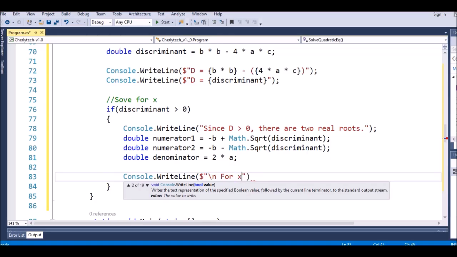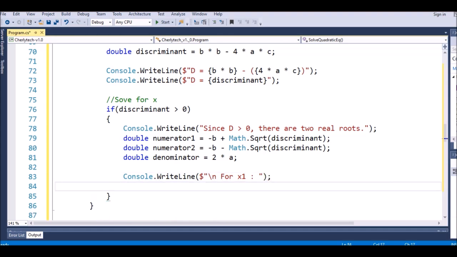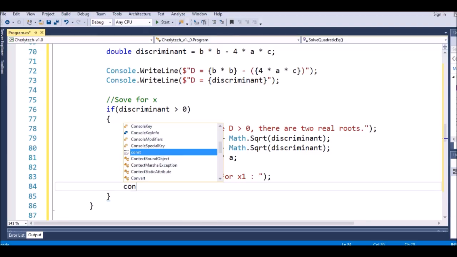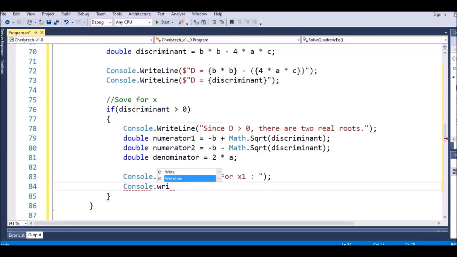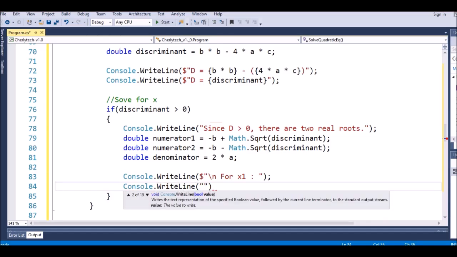For x1, this means that we calculate the solution for x1. And then we say console.write in here. Use this one.